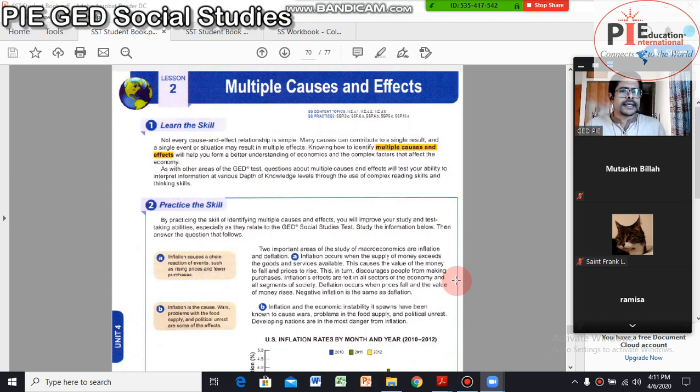I think it might be easier for you. You might be confused, like, sir, what is the value of money and what is the price of goods and services? This might be a bit confusing, but I'm going to explain it in this way. They have an inverse relationship. By inverse relation, I'm trying to say that if the value of money goes down, then the price of goods and services will go up.